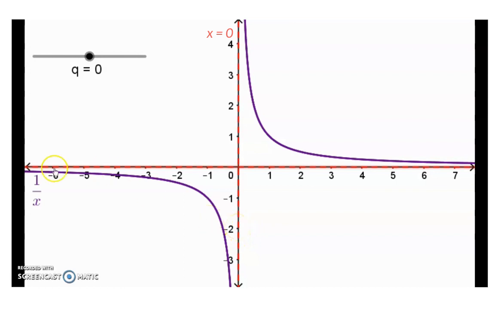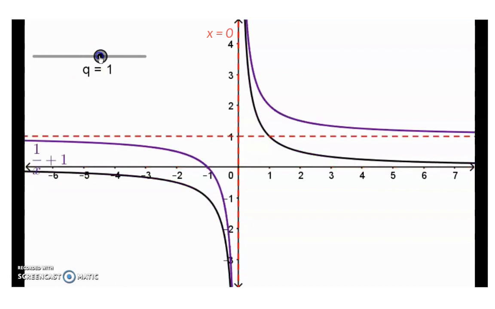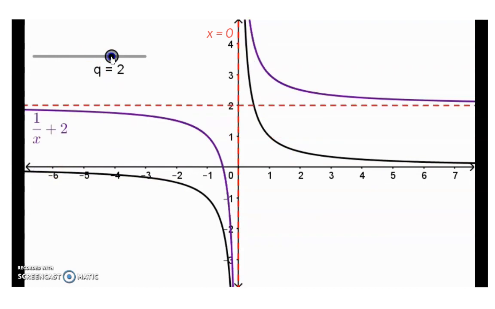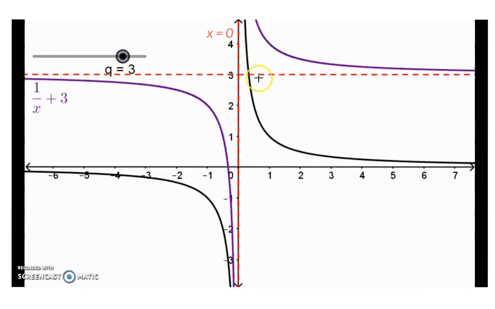But the horizontal asymptote on the x-axis or on the line y is equal to 0 has to move along with the graph. So when I have a positive q value, this asymptote also moves up along with the graph according to that specific q value. So the bigger the q value, the higher this asymptote moves up.